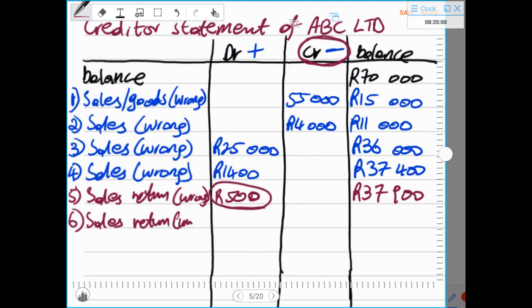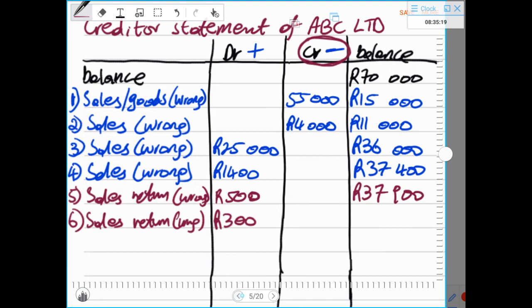And remember, the statement must be always wrong. So now they recorded the amount of 3,000, but they recorded it as 300 on the debit side.